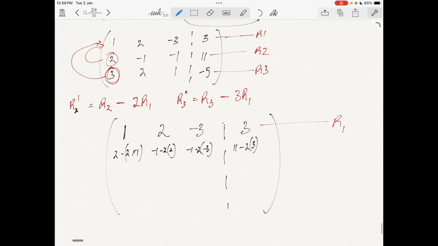And now we want to go into row 3 prime. For row 3 prime, we want to subtract 3 times row 1 from row 3.